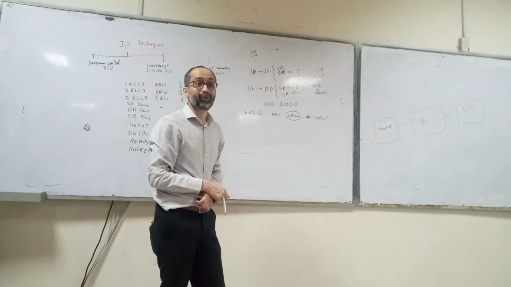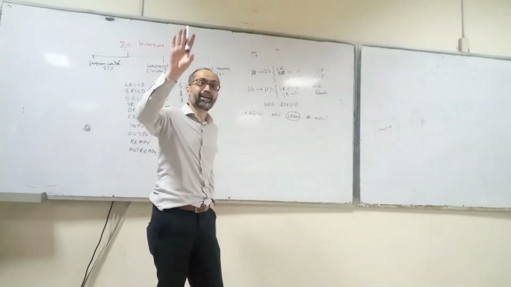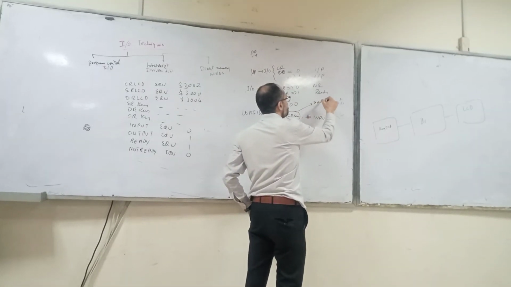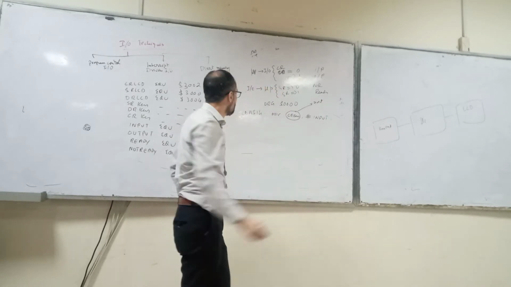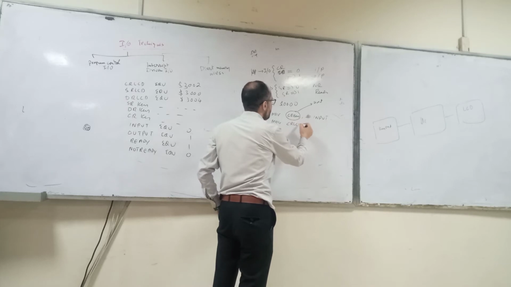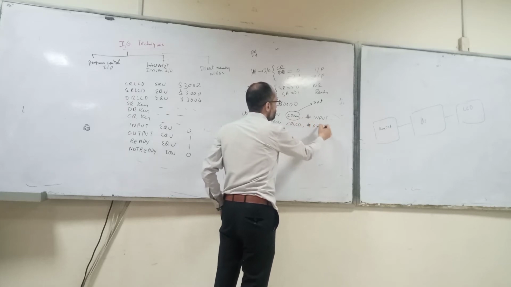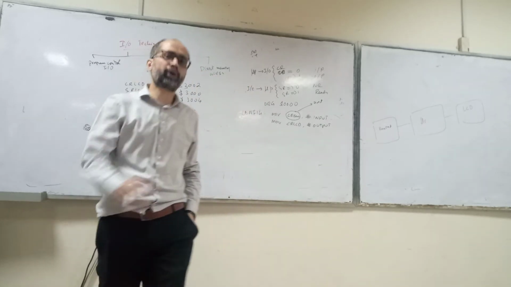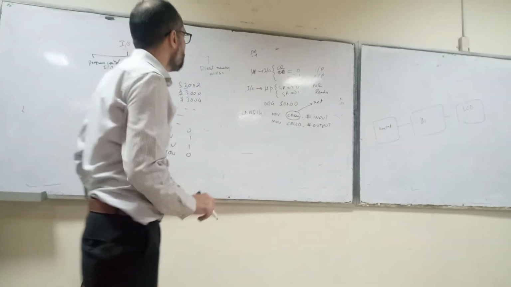Direct or absolute addressing mode. ठीक है सारे कंसेप्ट आप याद रखिए. This is direct addressing mode or absolute addressing mode. Then move CR LCD, hash output. Now we have configured it.